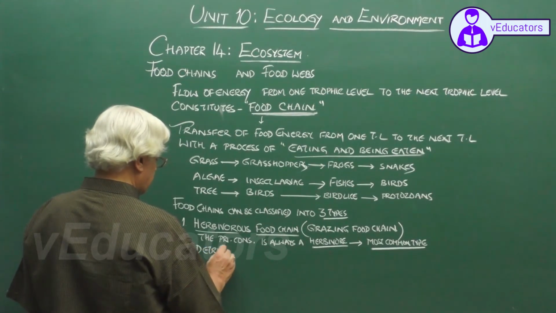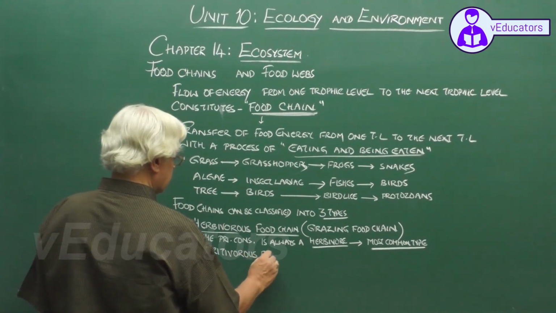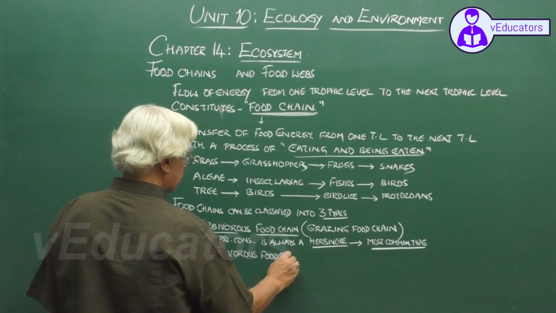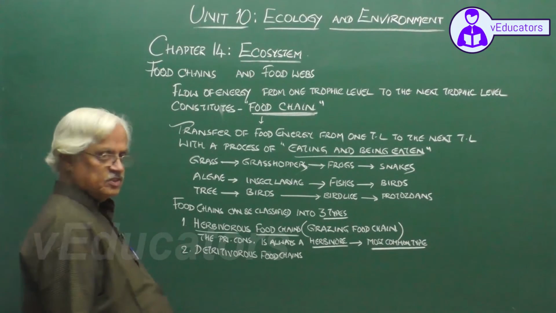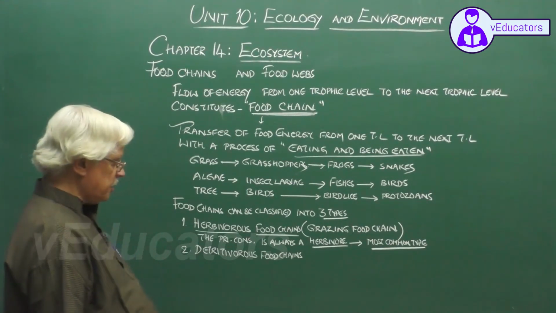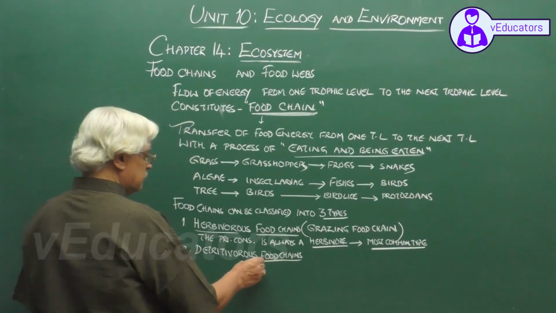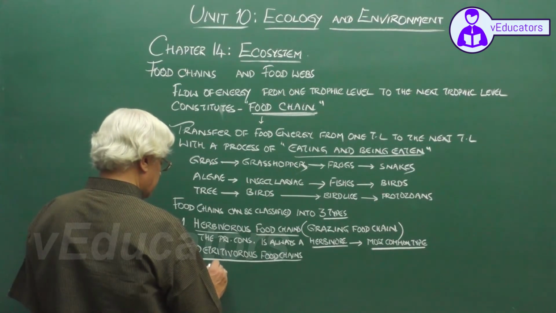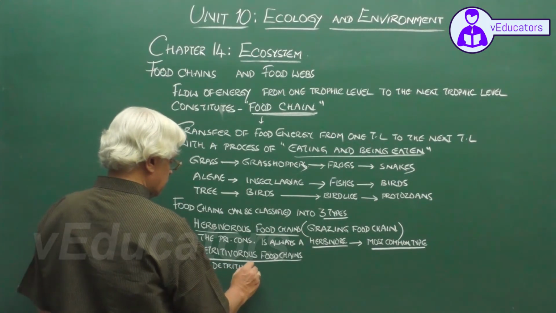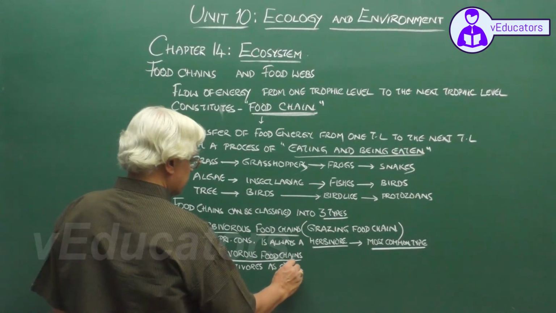Then we have detritivorous food chains. Detritivorous food chains, where transfer of food energy involves detritivores as consumers.